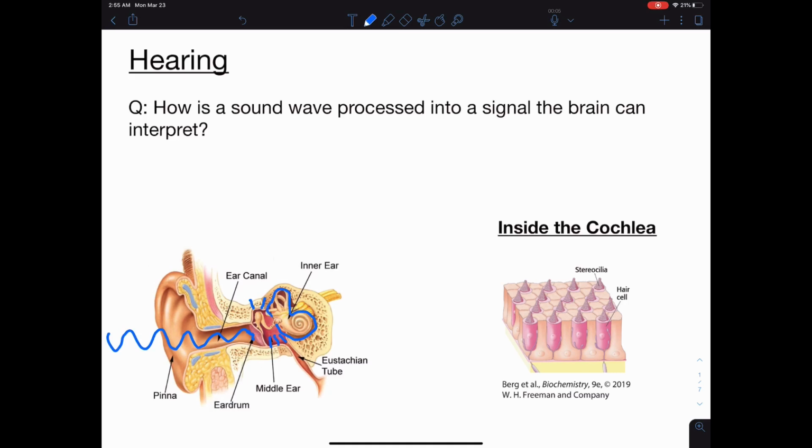This structure is a fluid-filled compartment that contains hair cells, which are the sensory cells in the system. So what happens is when mechanical motion is transferred to the cochlea, it has fluid inside of it and it propagates those vibrations in the fluid.